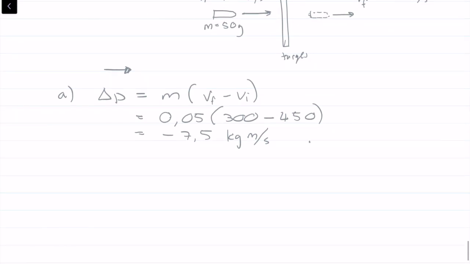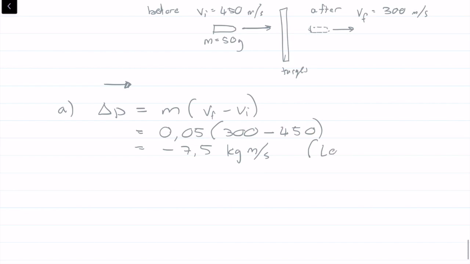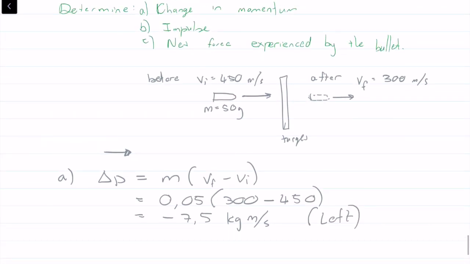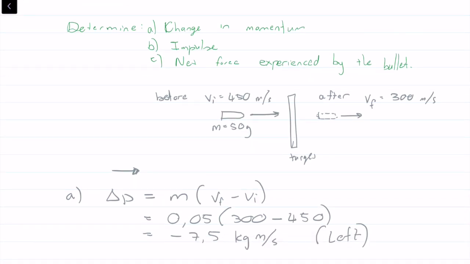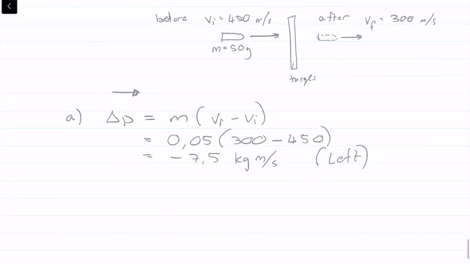And that basically means the change of momentum is leftwards. So it's opposing the motion, which makes sense, because the collision with this target causes a net force in the opposite direction to the direction the bullet is moving. That slows it down, so we're expecting a negative impulse. So that is our final answer for that.